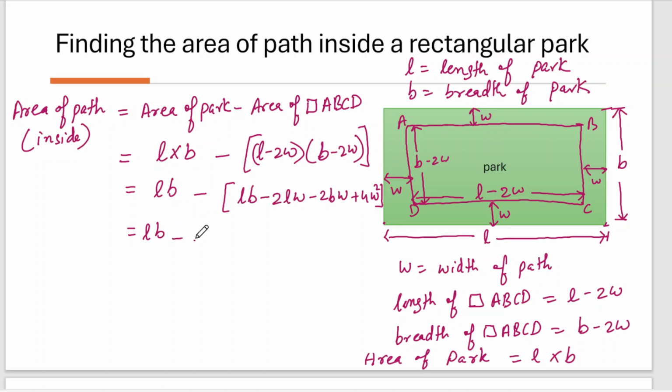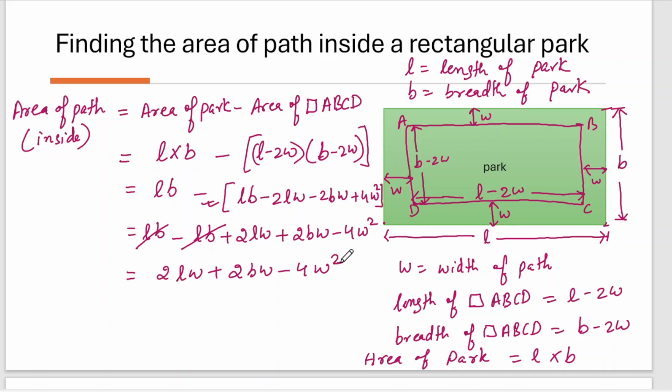LB minus LB plus 2LW plus 2BW minus 4W square. So I have multiplied each with this minus. Okay. Now LB and minus LB will get cancelled out. So you are left with 2LW plus 2BW minus 4W square.